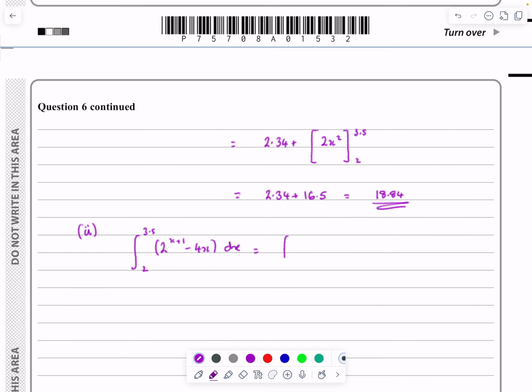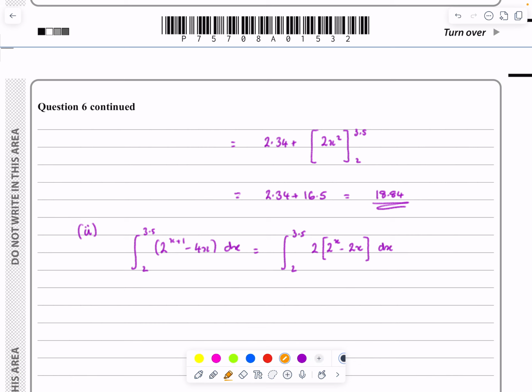You might need me to do it and then go, all right, I didn't see it, but now I'll be looking out for it next time. You could take 2 to the x plus 1, which is actually 2 times 2 to the x. That's the same thing. 2 to the x plus 1 is 2 to the x multiplied by 2. So if I take 2 out as a factor here, it gives me 2 to the x minus 2x dx.